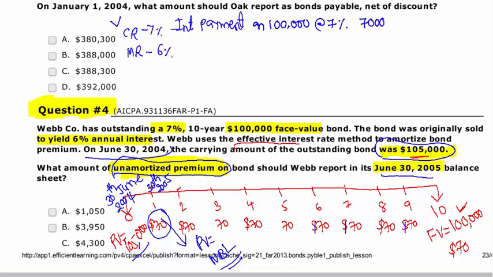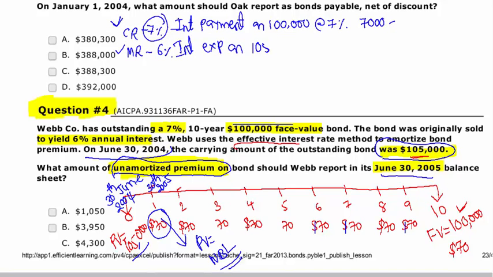So first you take the coupon rate and market rate. The coupon rate is 7%, which is higher than the market rate, that is 6%. Interest payment is the coupon payment. So the coupon payment is 7% on the face value 100,000, that comes to 7,000. Again, you take the market rate. The market rate is 6%. This is for your interest expense. Interest expense on how much?